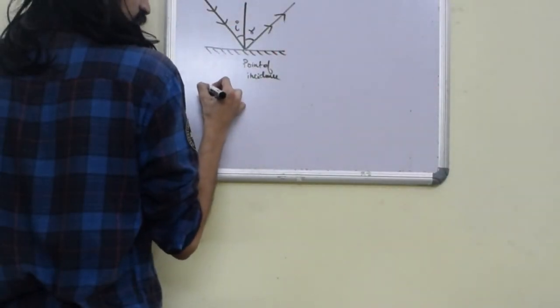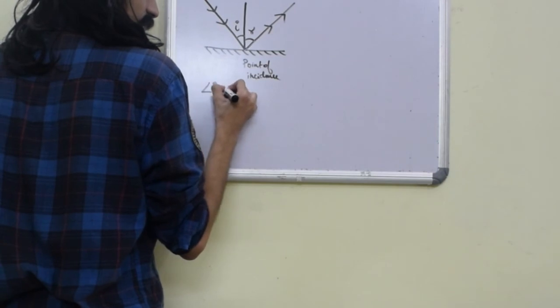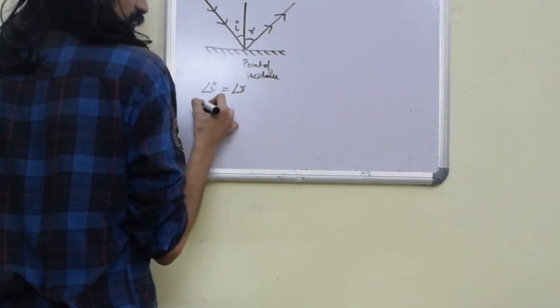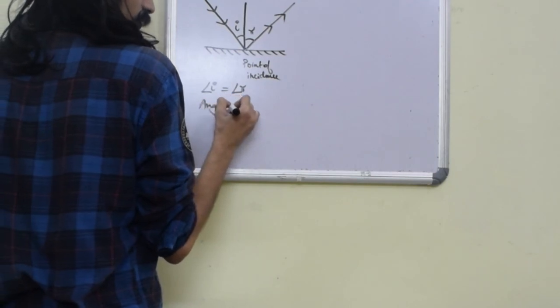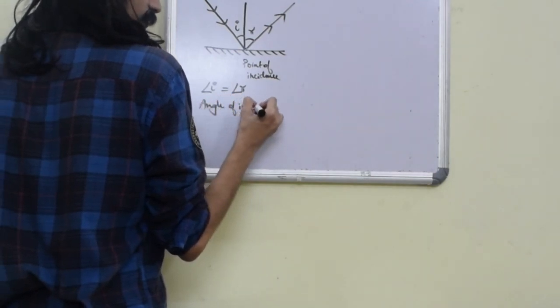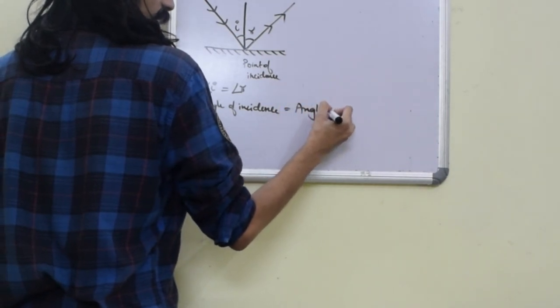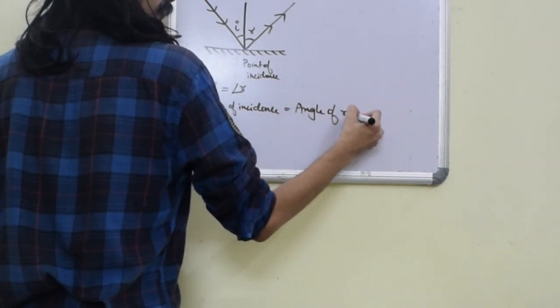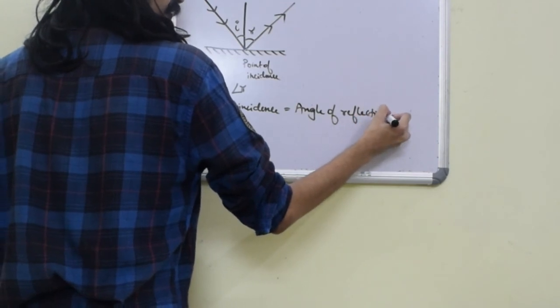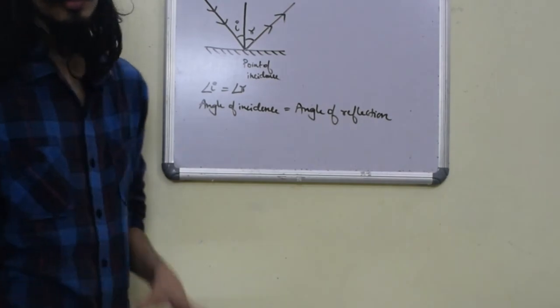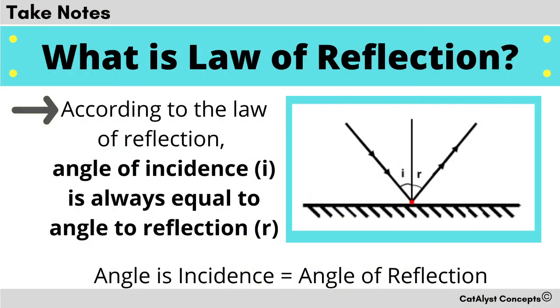The law of reflection says that angle I is equal to angle R. Basically, angle of incidence is equal to angle of reflection. That is the basic law of reflection.